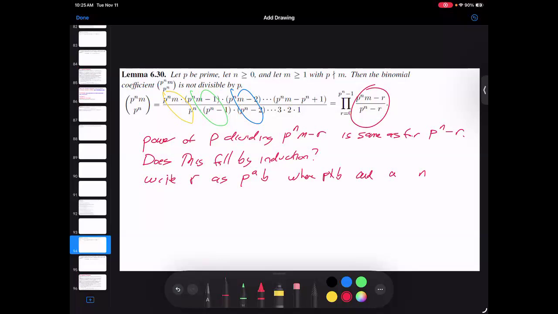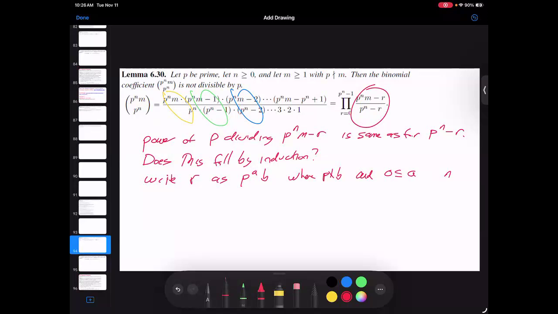How small could a be? So I'm writing r as some number of copies of p times a number that's relatively prime. How small could a be? What's the fewest multiples of p we could have? 0.